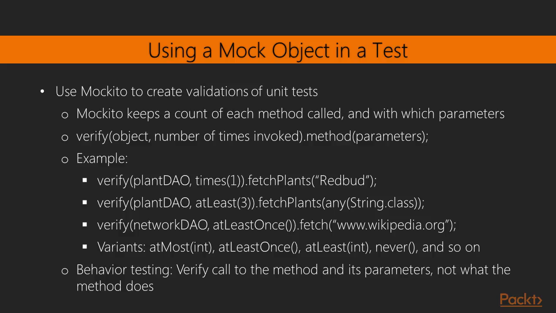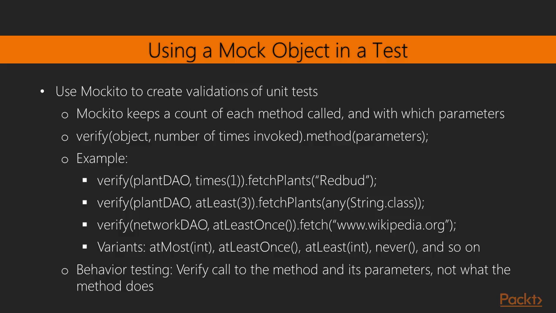Okay, so one benefit of Mockito is not only can we mock out these dependent objects, but we can also verify that methods were called with a certain parameter list. Because when we call methods on a mocked object, it is going to record essentially what method was called, how many times was it called, and with which parameters was it called. So a few examples. Verify that with our plantDAO, fetchPlants was called exactly one time with the word redbud.